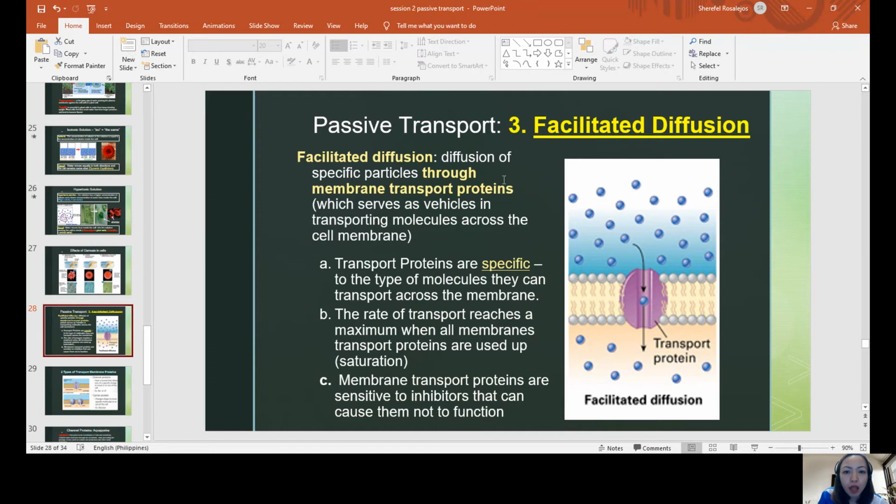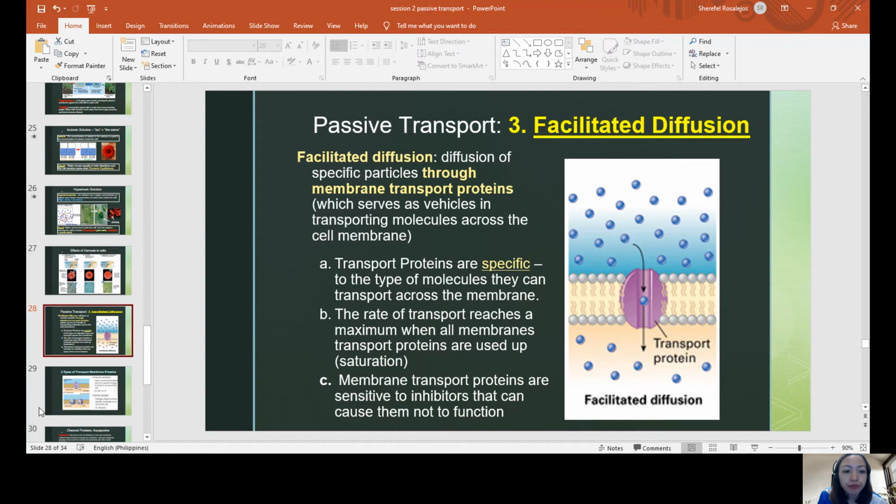Okay? So diffusion happens. This is a diffusion of solutes, meaning solid molecules. These are big molecules that are moving into and out of the cell.